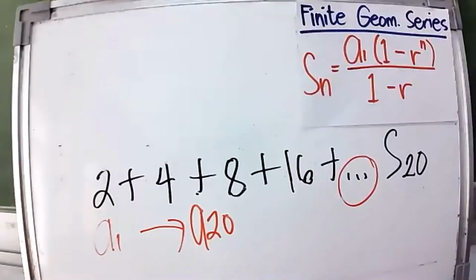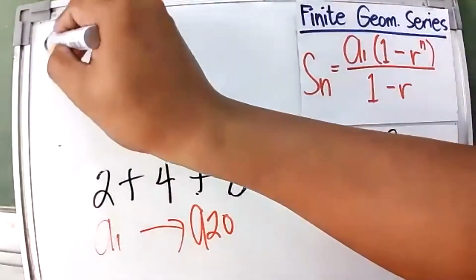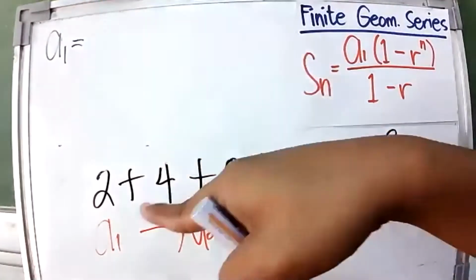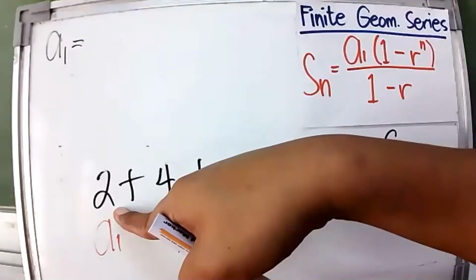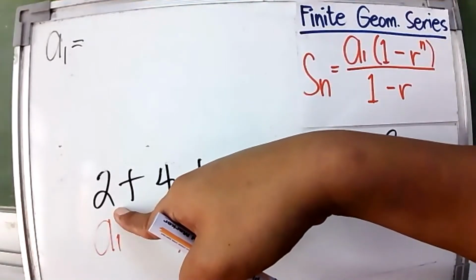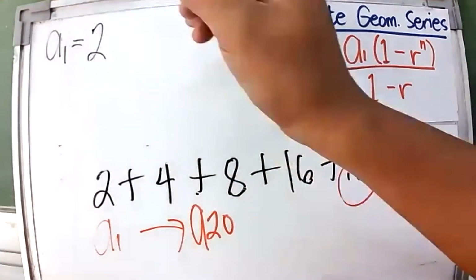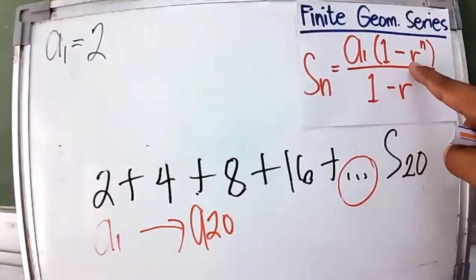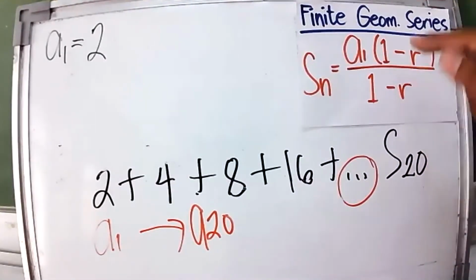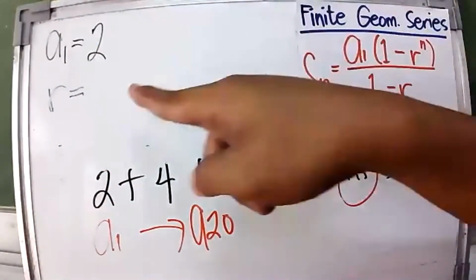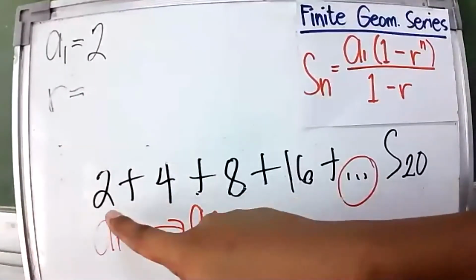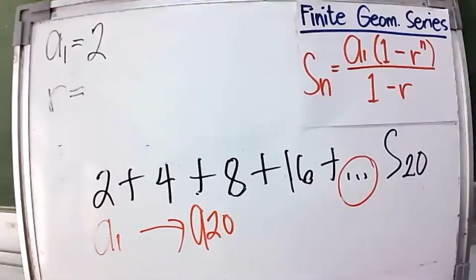Okay? And so, for us to do this process, we just have to organize our given. Our given are a sub 1. Of course, we need the a sub 1. Our a sub 1 is what? 2. It's 2. Yeah, very good. Now, let's also identify our r, our common ratio. And common ratio is very easy to do. 4 divided by 2. What's the answer? 2.